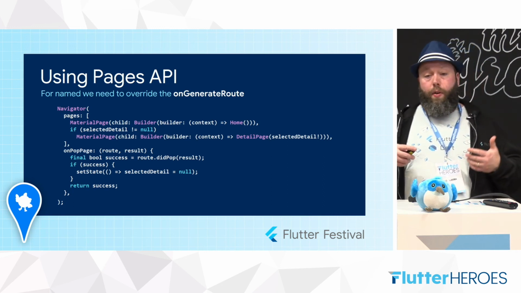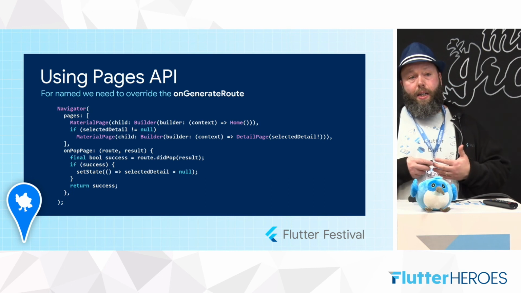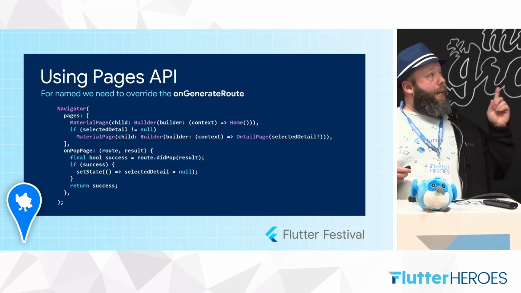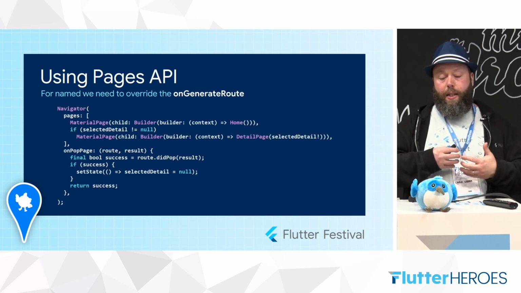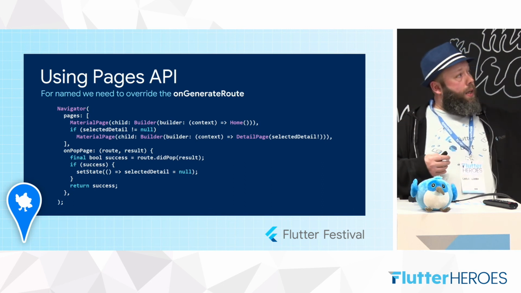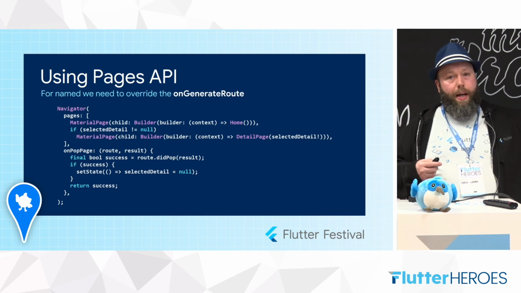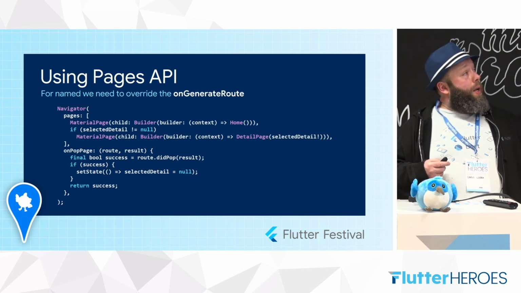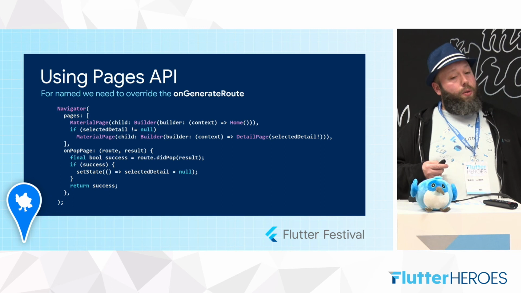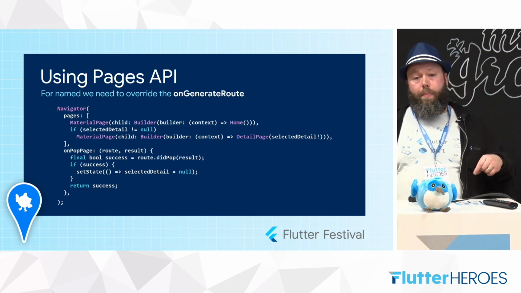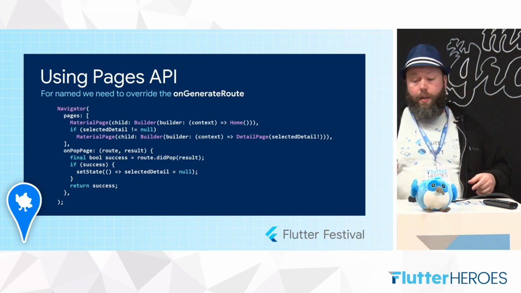Also, for example, in the case I specified before, we can leverage this to understand if the user is logged in. If not, don't go to the detail page, but instead go to the login page. So we will have the navigator routing us to the correct page in any case.